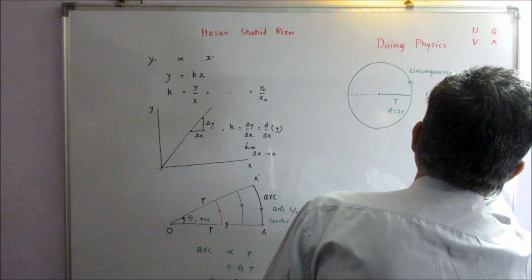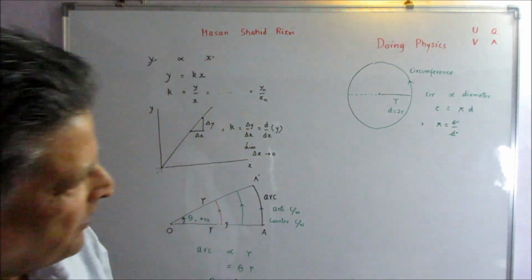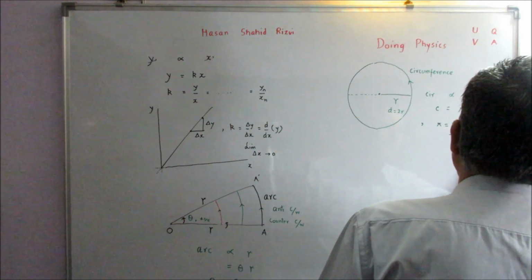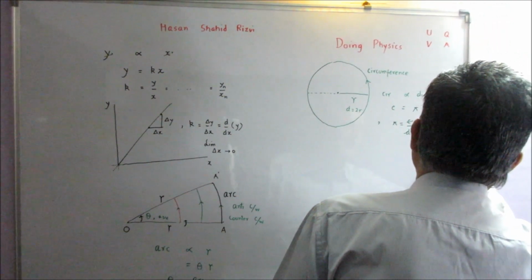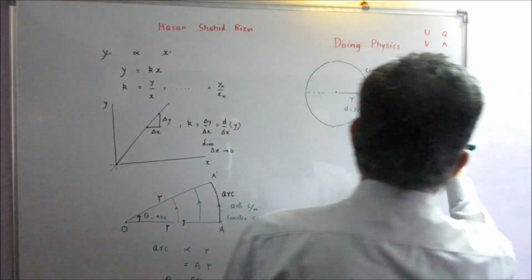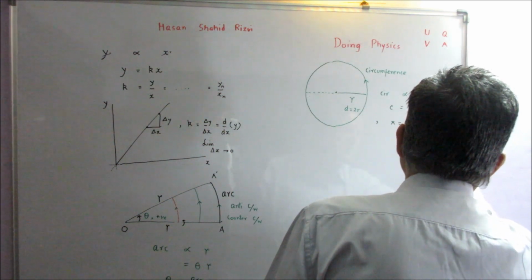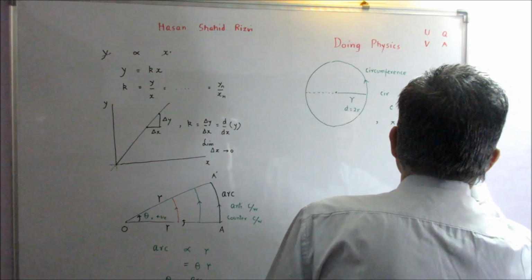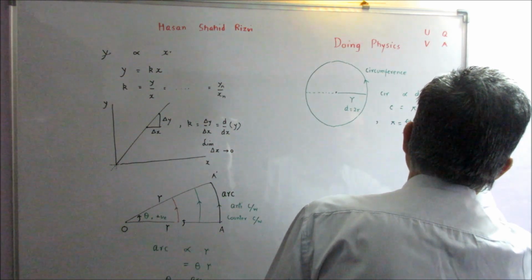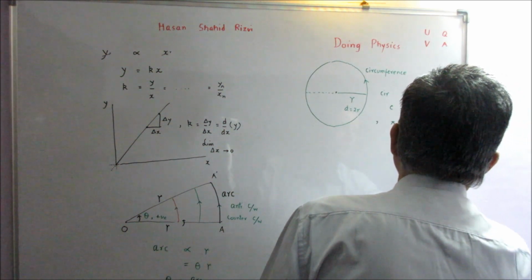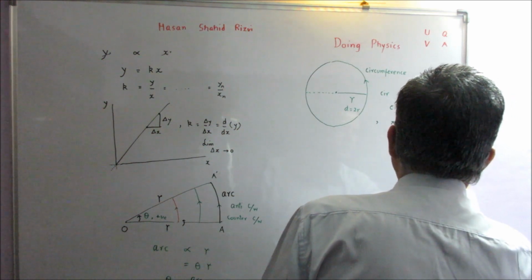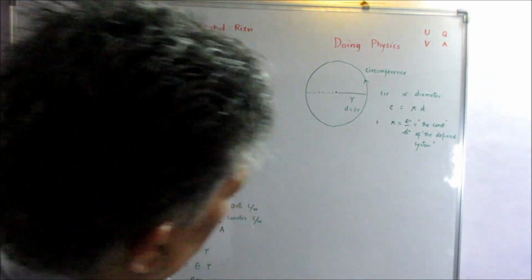Here D and C are the variables, but pi is a constant, the constant of the defined system, as I said last time, and this system is the system of the circle.